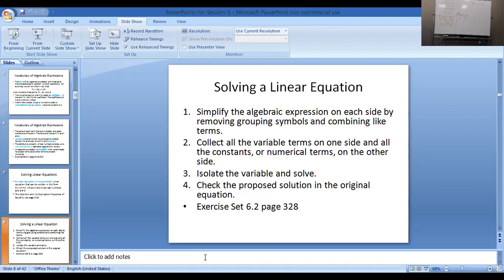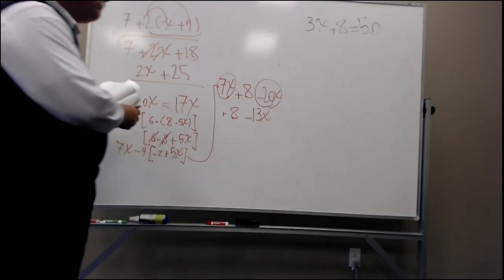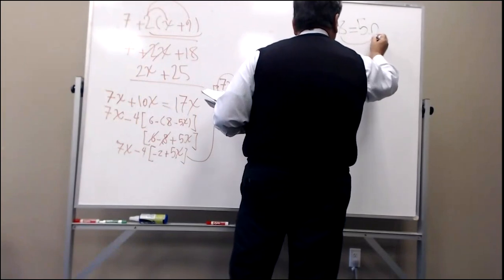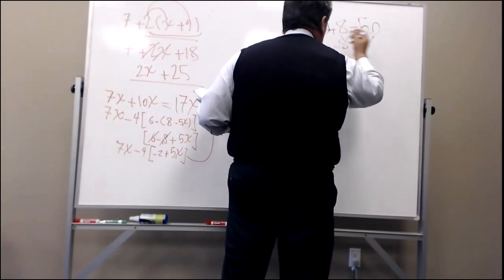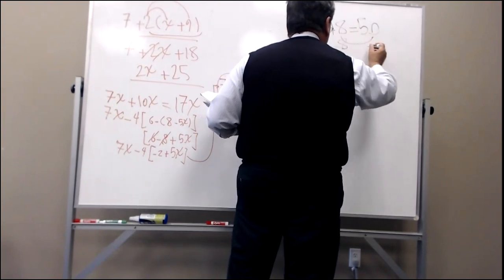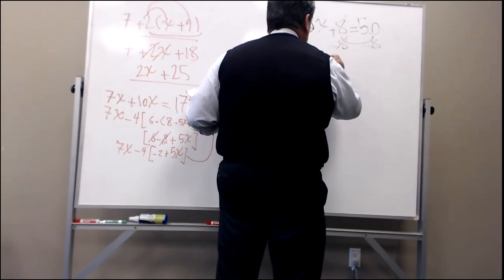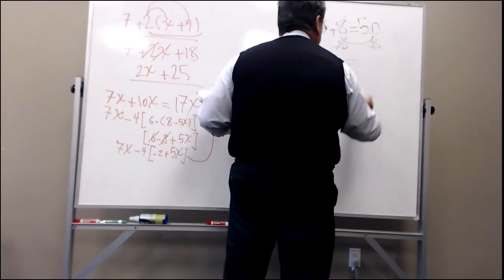I have to change the structure. I move this to the other side by adding minus 8 to both sides. These two cancel, so I get 3x is equal to 50 minus 8, 42.